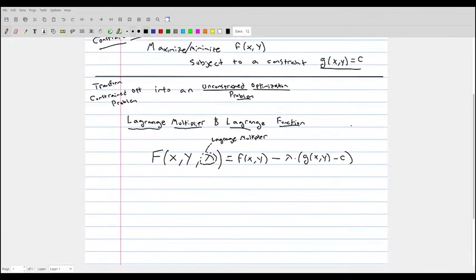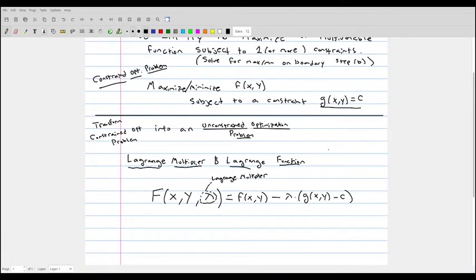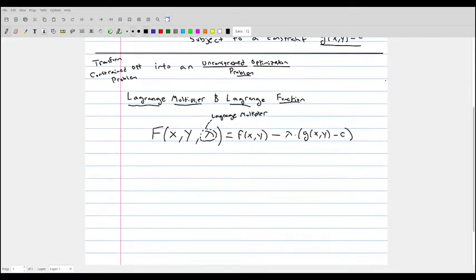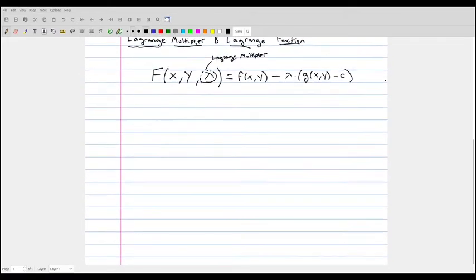Because you'll recall that if we have a constraint g of x y equals c, this is the same as the equation g of x y minus c is equal to 0. You'll see why this is important in one moment. So for this new function, we want to think about how to optimize it.